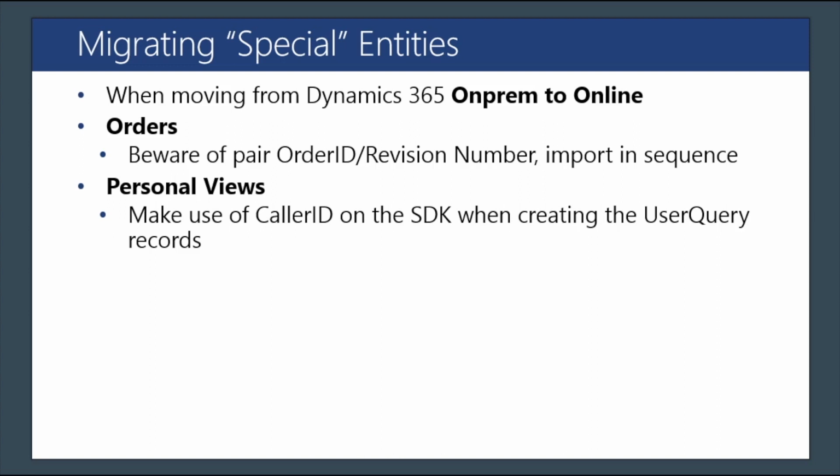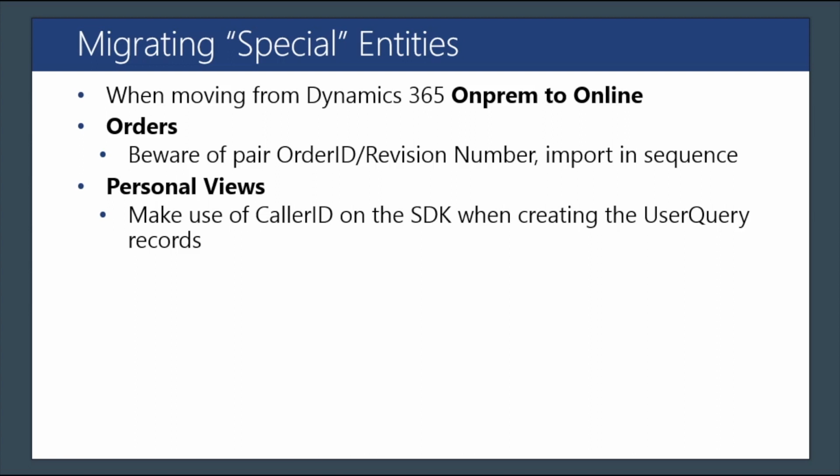Meaning first import revision 1 of order ID A, and then revision 2 of order ID A, so that it stays the same way in Dynamics 365 Online after everything is migrated. Otherwise, data will be in, but the sequence or the revision number will not be the same as you have it in the source.